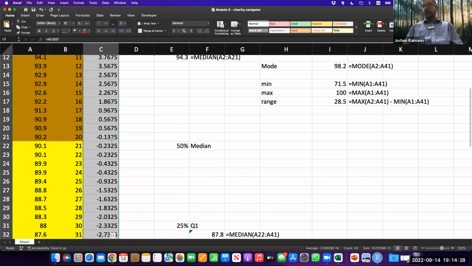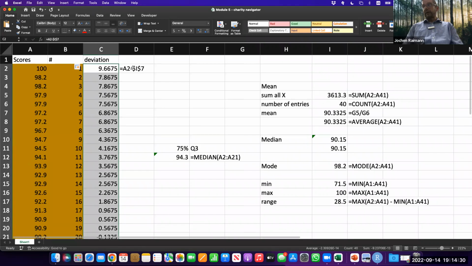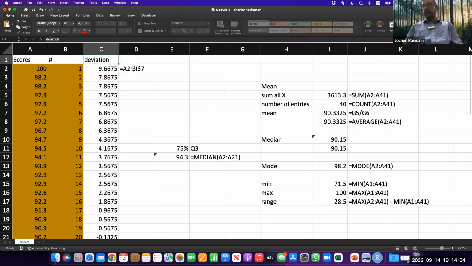Logically, it has to. Good. Now the big part: we're doing the squared deviations. That's basically C2 squared. The square sign is that little hat.